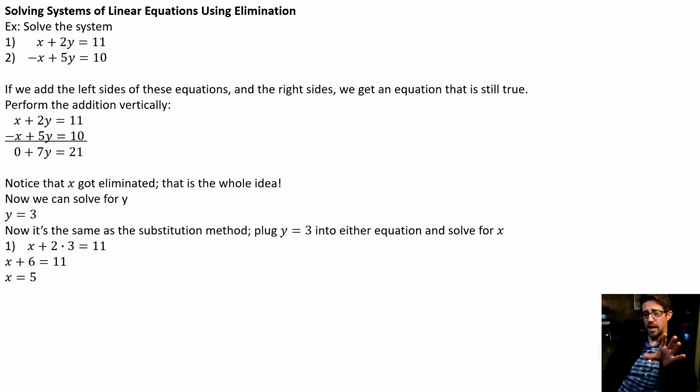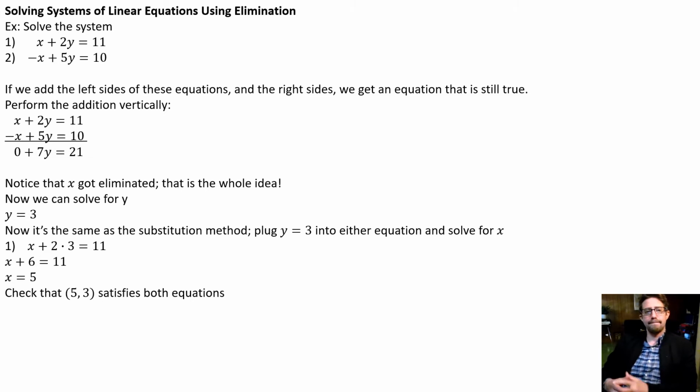Right, and don't stop, but again, it's the same thing. Now you have them both, so just put them in a concise place or as an ordered pair, (5, 3). And then it's very easy to check. You may even be able to check it in your head. Just make sure that if x is 5 and y is 3, then both of those original equations are satisfied. They are.